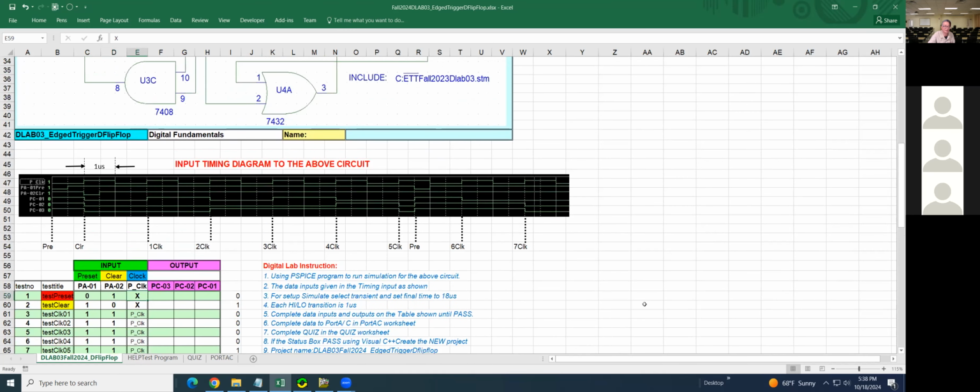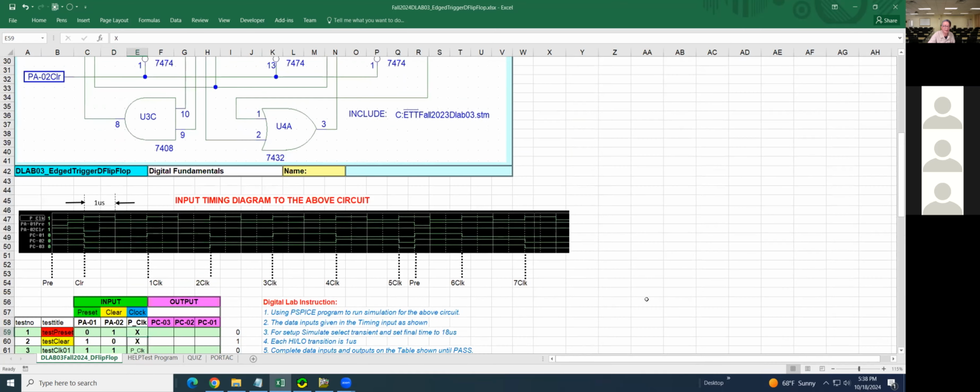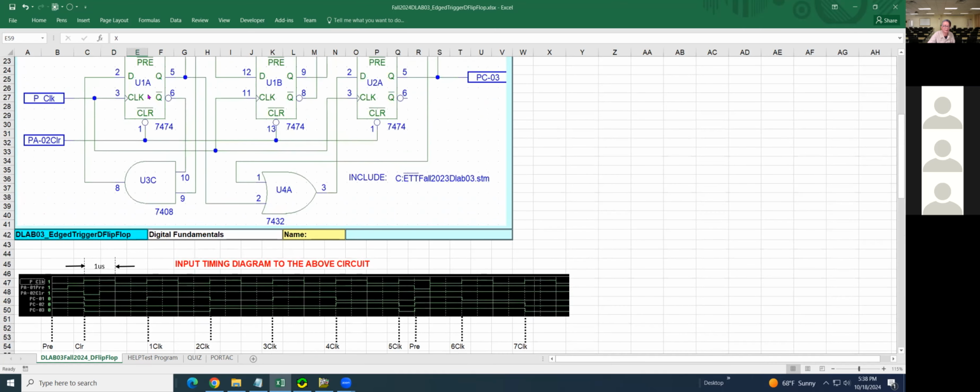Okay? Don't care, that means you see the clock here, A1, the flip-flop you get a clock. That only tells you one thing. Output Q equals input D if the clock goes 0 to 1.